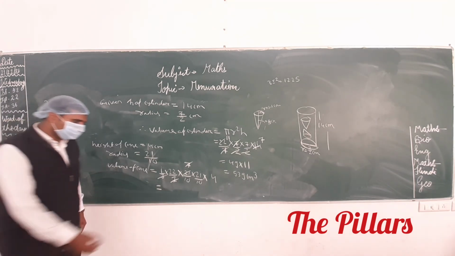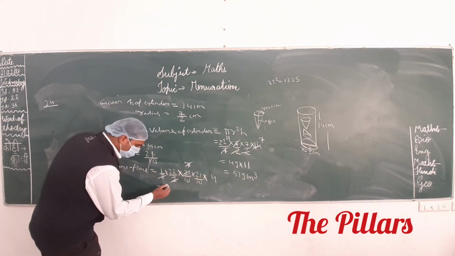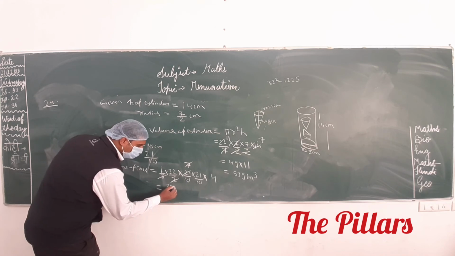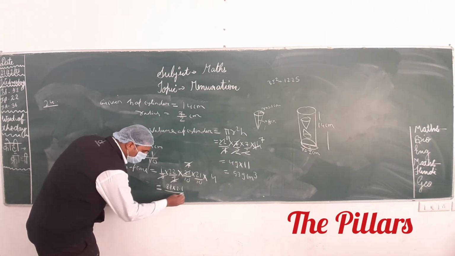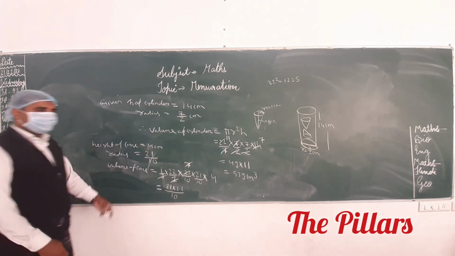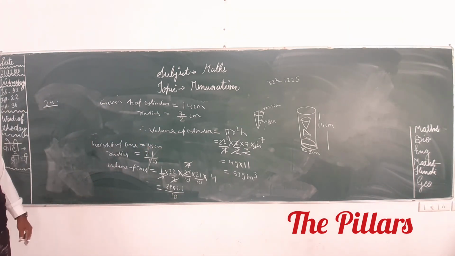88 into 2.1 divided by 10. 8.8 into 2.1.